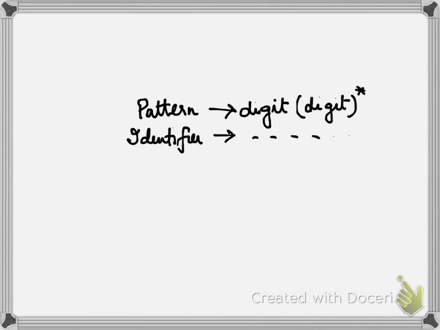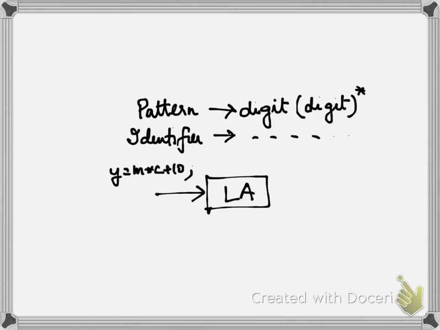Using these patterns, the lexical analyzer, given a string of your statement y = m * c + 10, should be able to find out to which class each part belongs. Y belongs to identifier, then assignment belongs to operator, then m belongs to identifier, and so on.